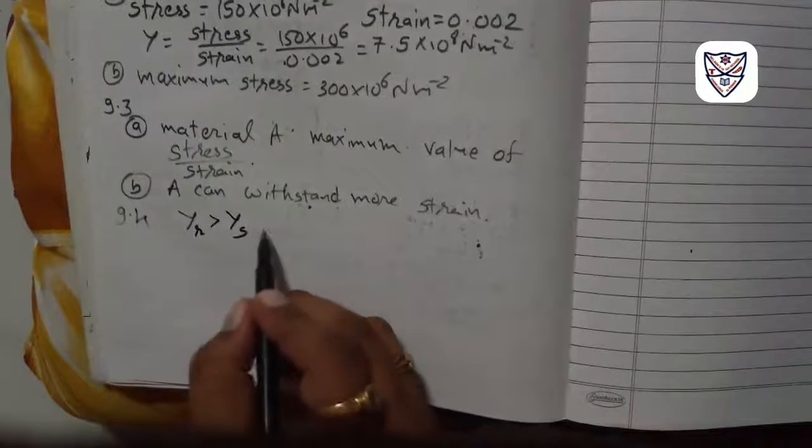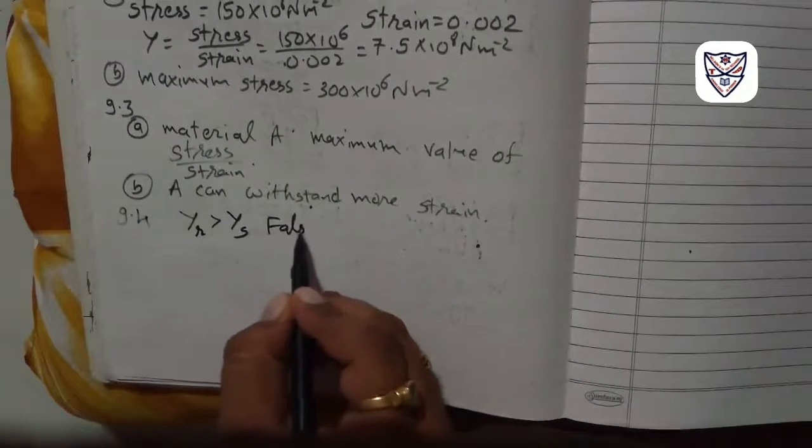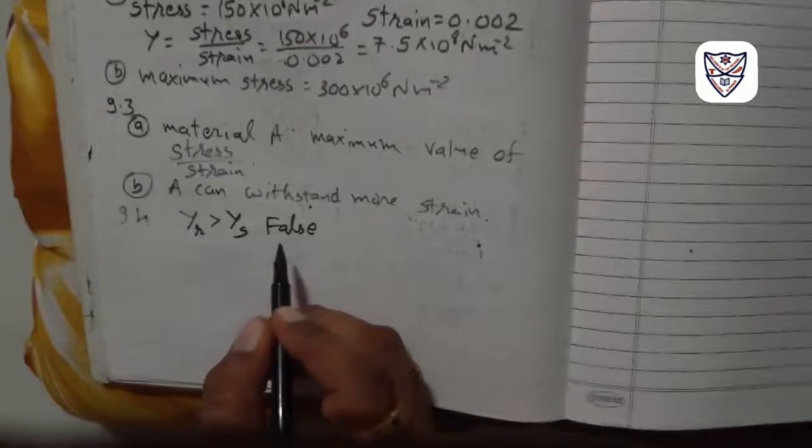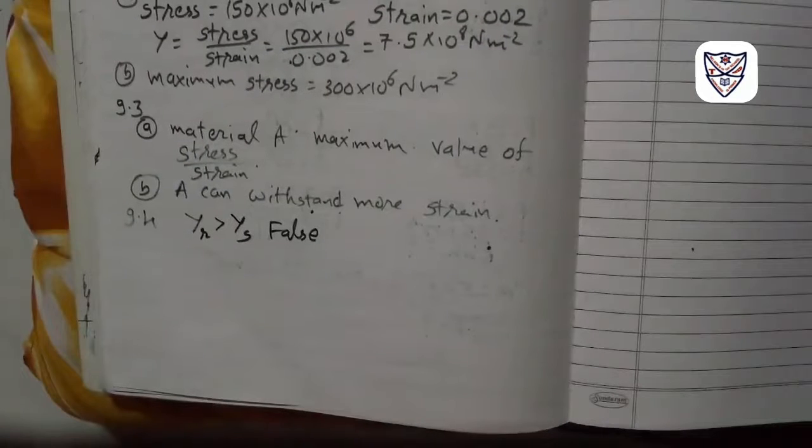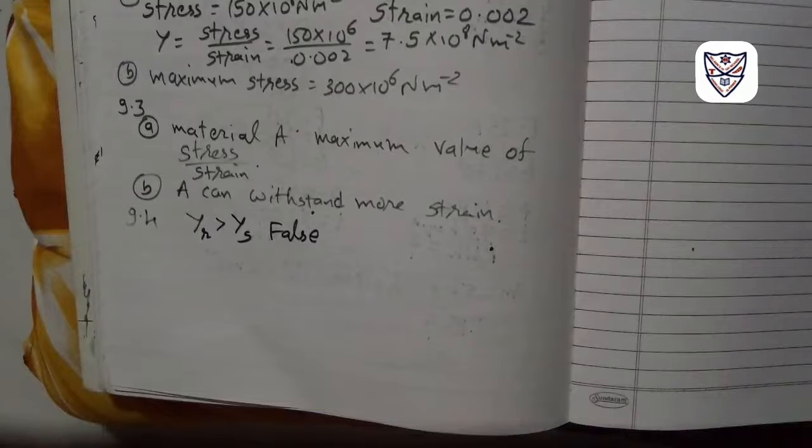This statement is false because see, for the same stress, there is more strain in the rubber than in the steel, and the modulus of elasticity is inversely proportional to strain. So the Young modulus of steel is more than that of rubber, right?